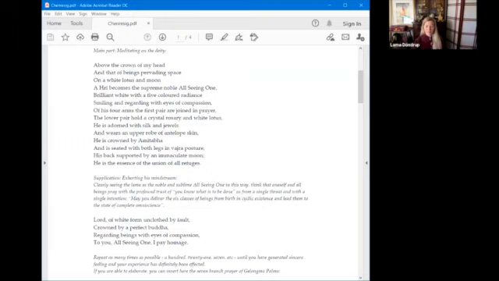Visualize that light radiates from the Hri, again, purifying you and all sentient beings, purifying the phenomenal world. It also makes offerings to all the Buddhas and Bodhisattvas of the three times and ten directions.